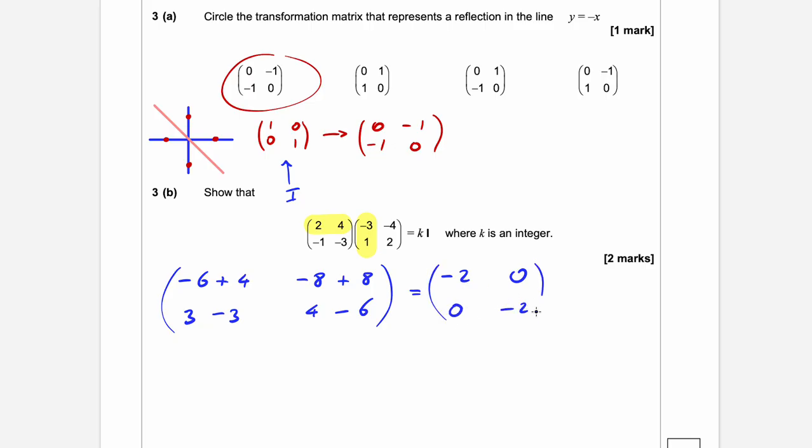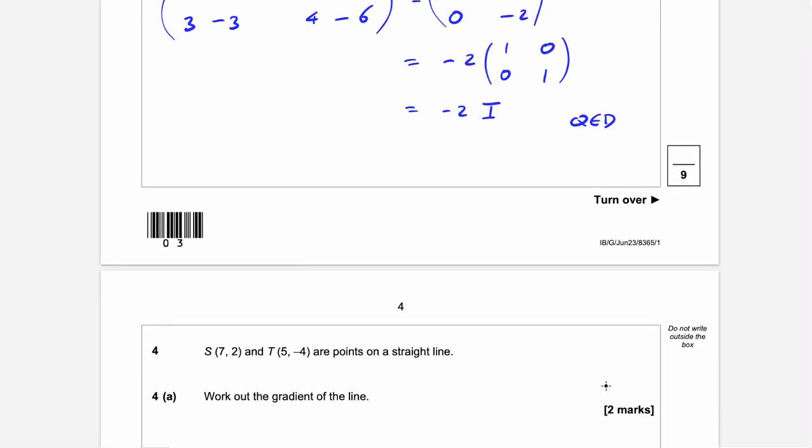So this is equal to, guys, if I take out the negative 2, I get 1, 0, 0, 1, which is k times the identity matrix, or negative 2i. So QED proven.